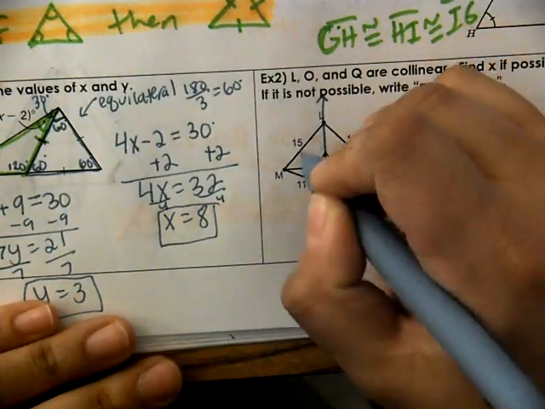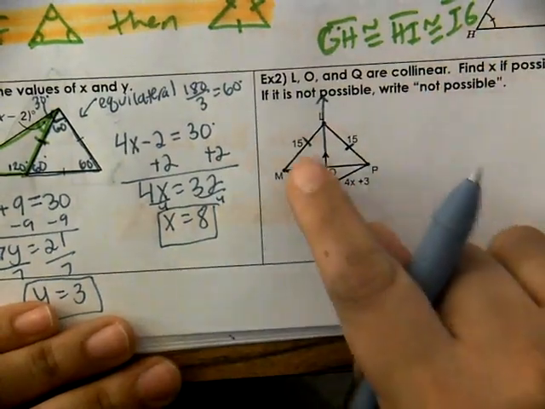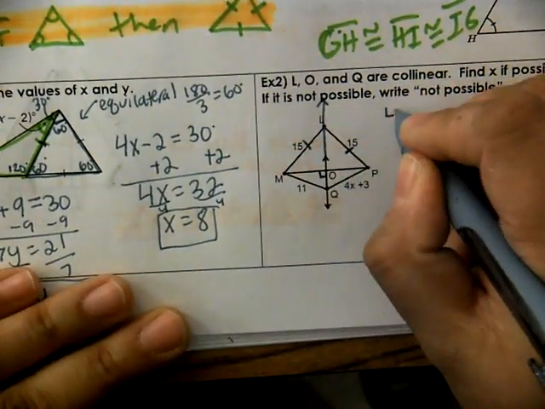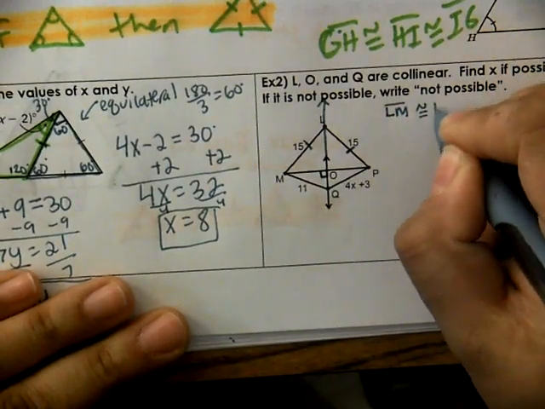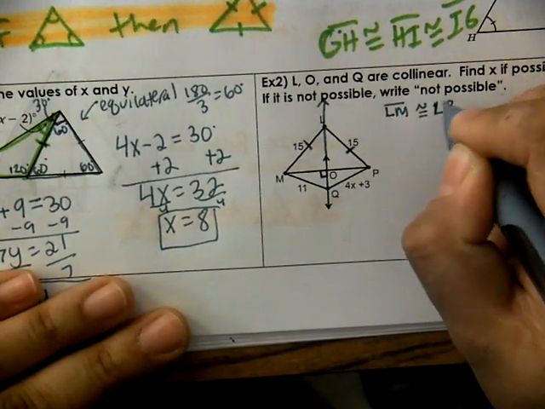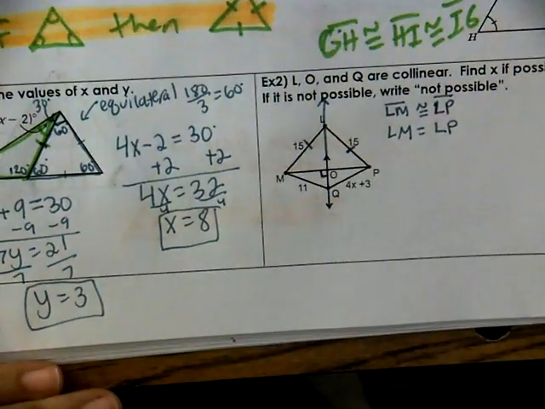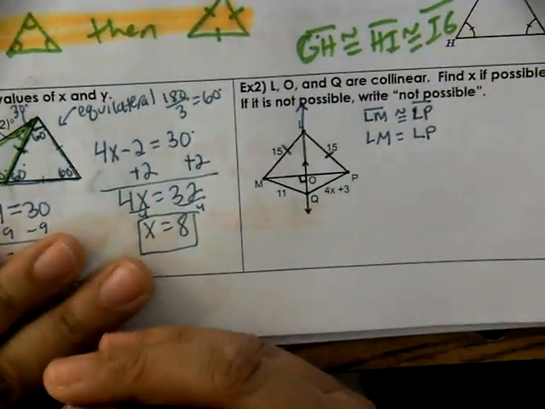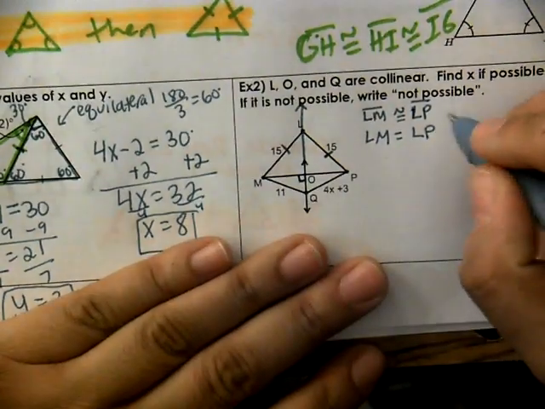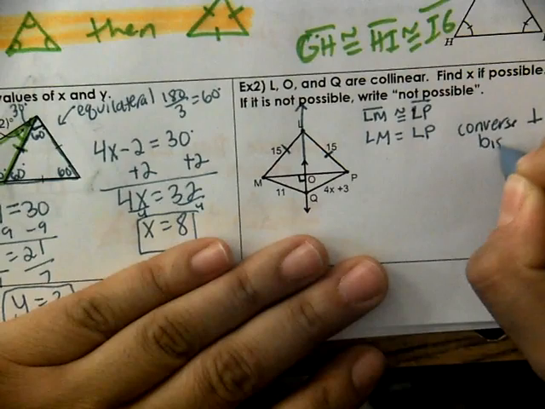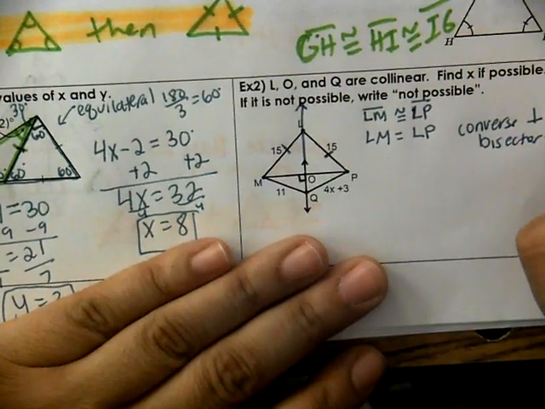So let's say, because you know this, 15 and 15 here, these two are equidistant. So even though segment LM is congruent to segment LP, we also know that LM is equal to LP, right?